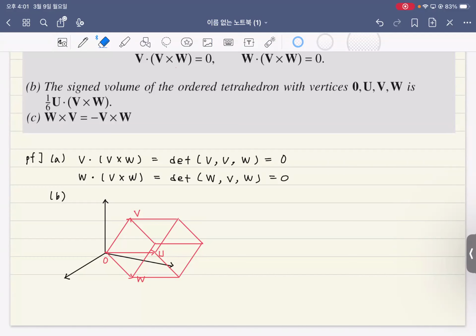And what is the volume of this? The volume turns out to be just the triple product of these three vectors, right?